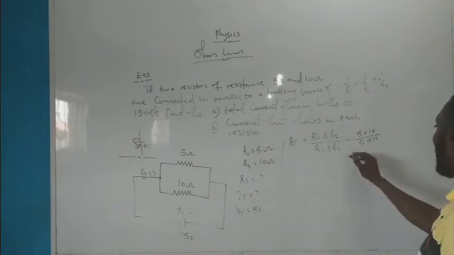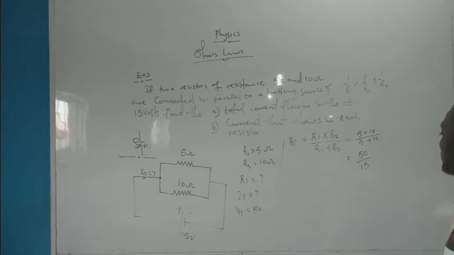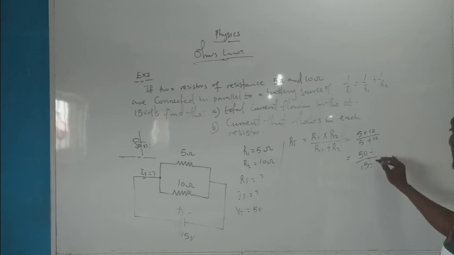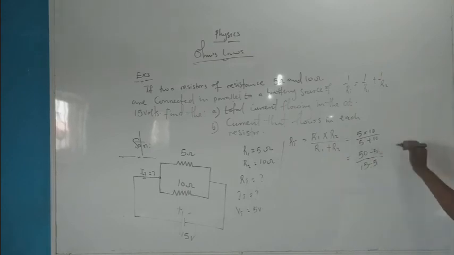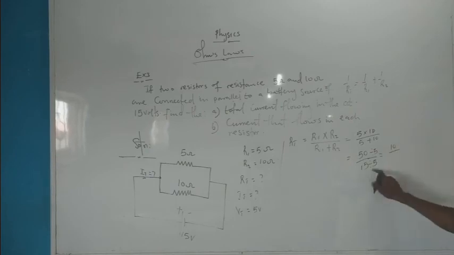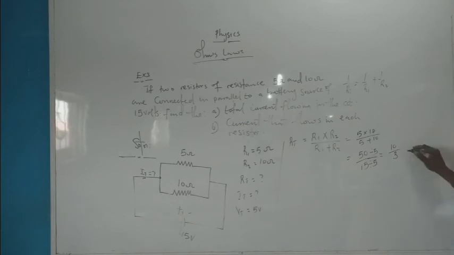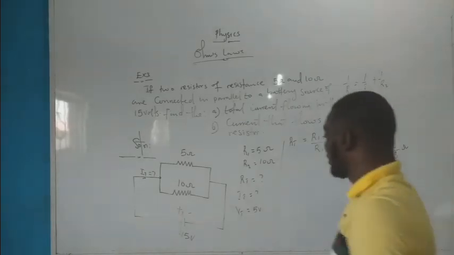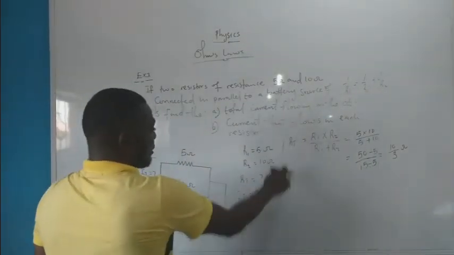That would be 50 upon 15. You can divide by 5 and reduce it, and that will give 10 upon 3. That's the total resistance.